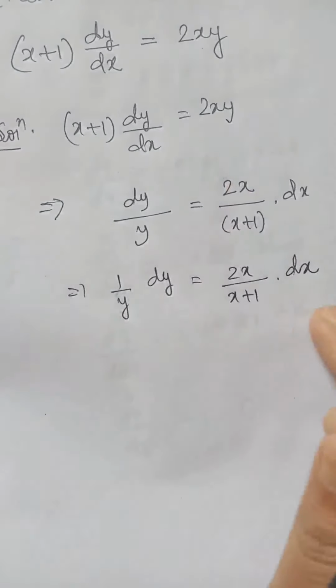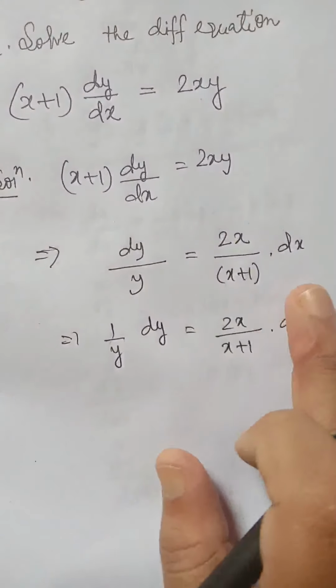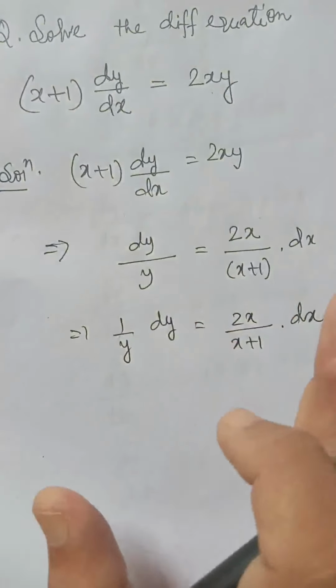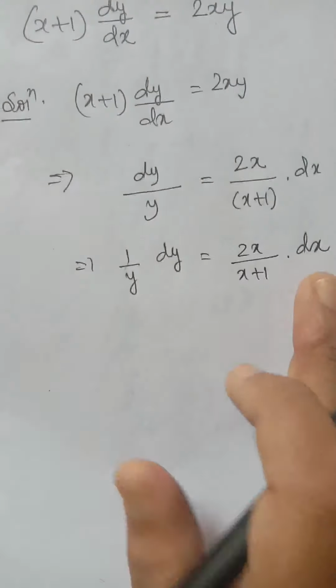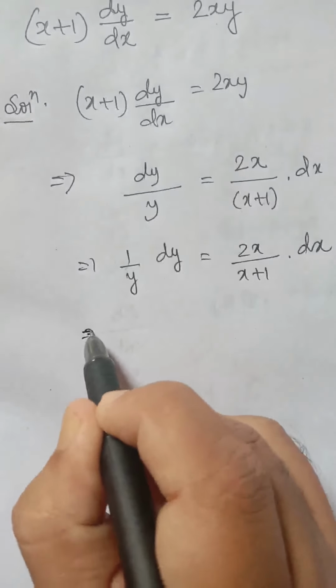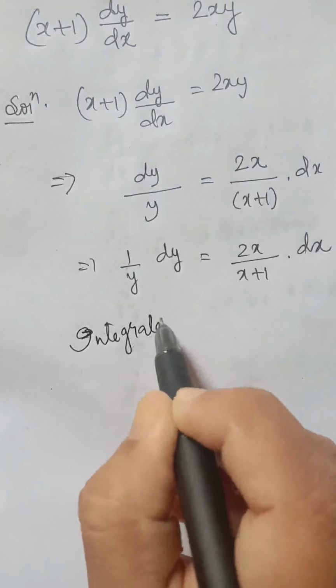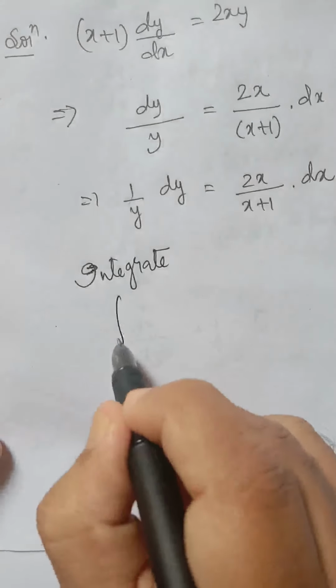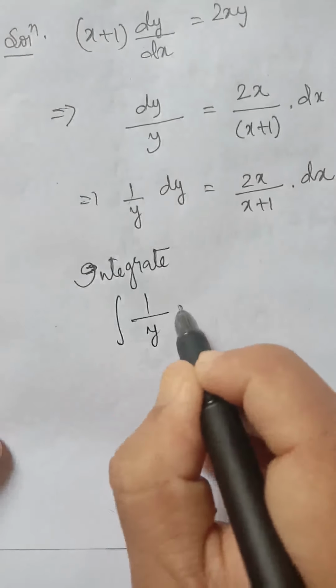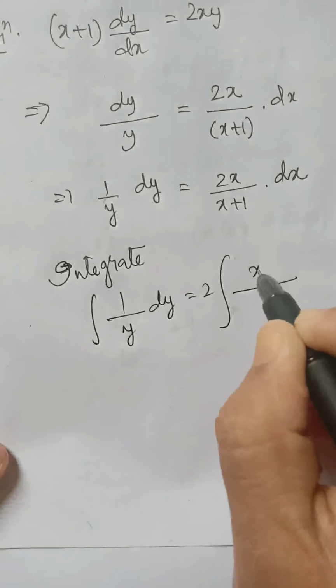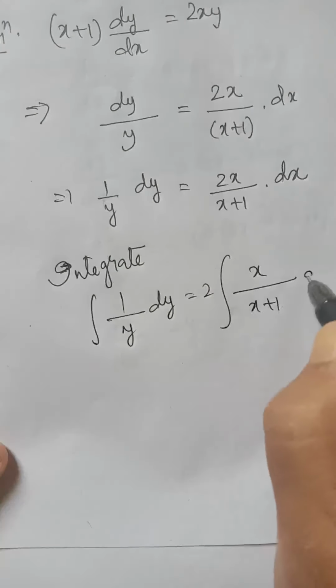Now this is clearly of the form f(x) dx equal to g(y) dy. Once we express this equation in this form, we will integrate because we have to remove dy/dx. So integrating, we'll get 1/y dy is equal to 2 into x/(x + 1) dx.